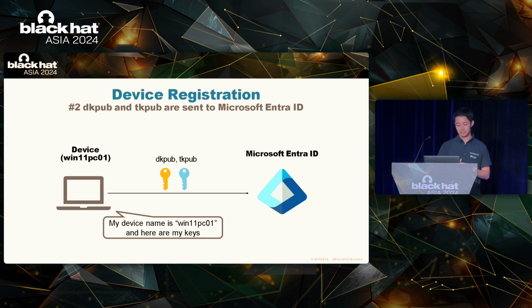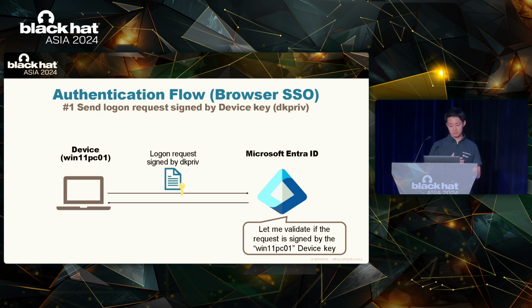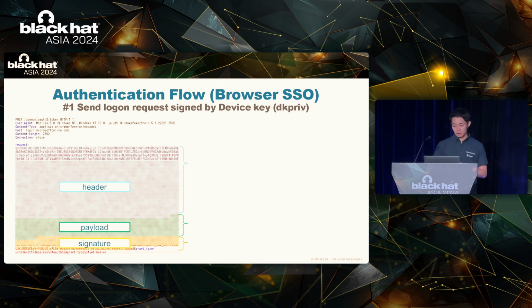Now let's look into the detail of the authentication flow when you access Microsoft with your browser from your corporate device. First, when you want to authenticate to Entra ID with your corporate device, the device sends the login request signed by the device key. The signed login request is basically a JWT, which is the JSON Web Token.